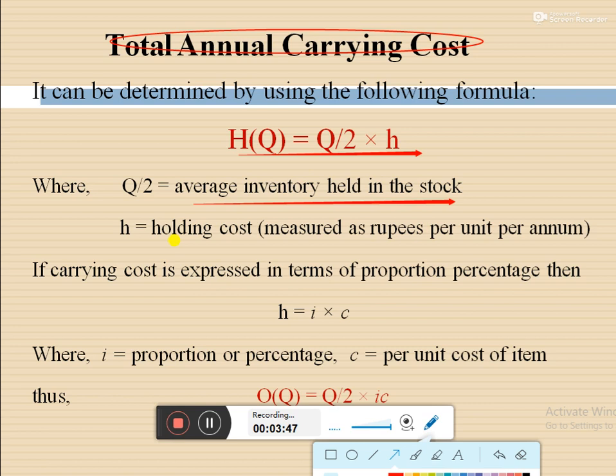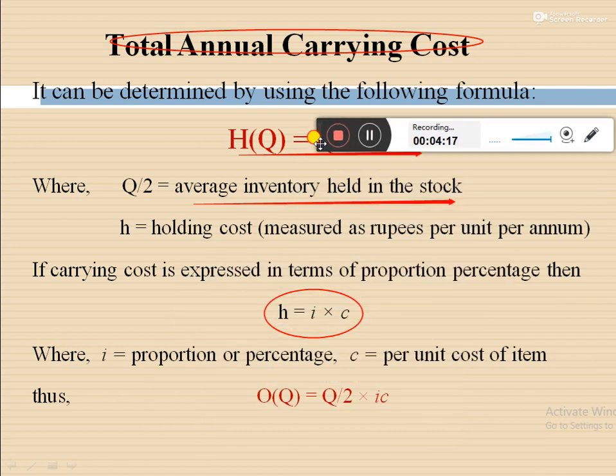And in some cases, if the carrying cost is expressed in terms of percentage or proportion of the inventory value, then H would be calculated by using this formula, that is I times C, where I denotes the proportion or the percentage and C denotes the per unit cost of the item.